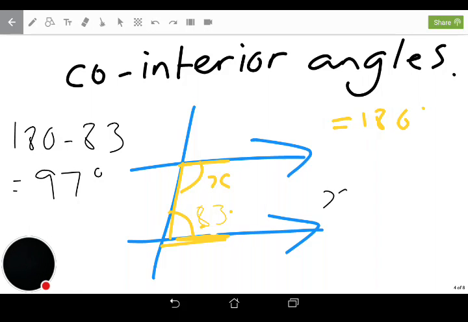So your answer would be X equals 97 degrees. Okay, and the 97 plus the 83 gives you your 180 degrees. So make a note to yourself, in your revision notes, that co-interior angles always add up to 180 degrees.